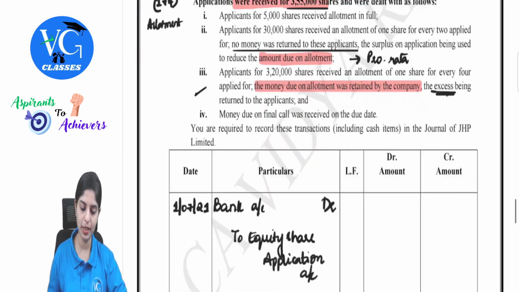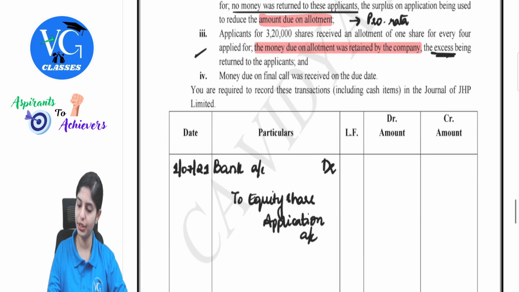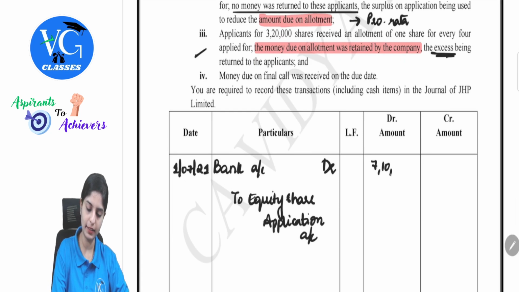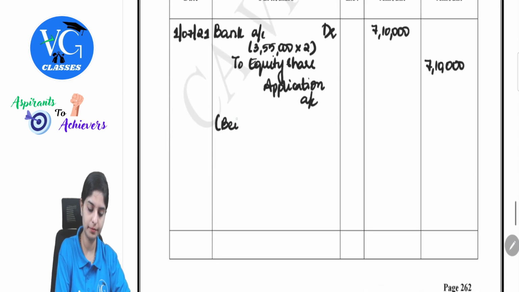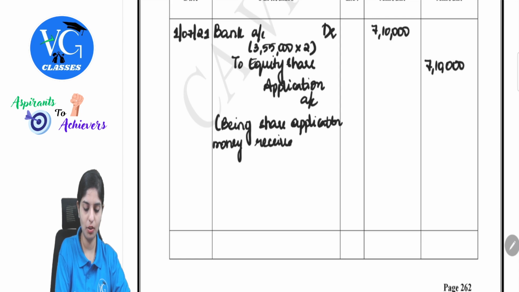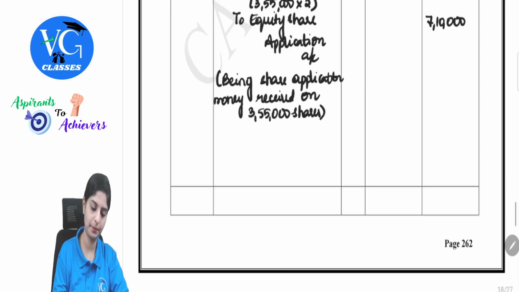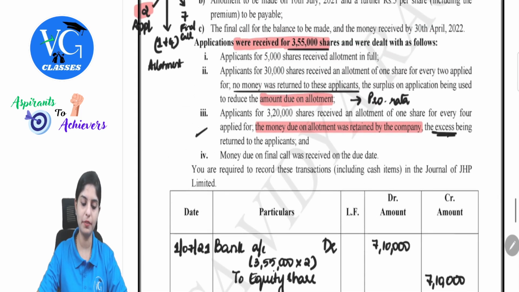This was for 2 rupees. So 3,55,000 into 2 rupees, 7,10,000. Being share application money received on 3,55,000 shares. Clear?